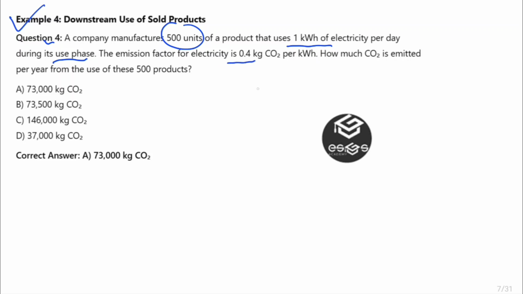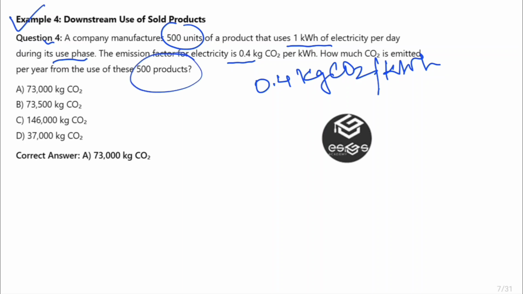The emission factor for electricity is 0.4 kg CO2 per kilowatt hour. How much CO2 is emitted per year from the use of these 500 units? The answer is 73,000 kilogram CO2.